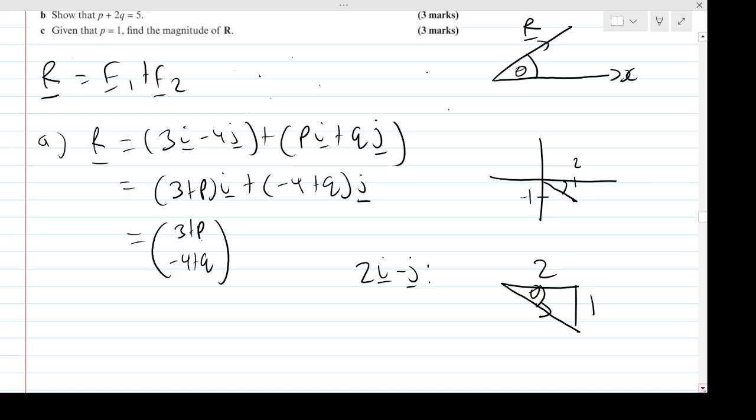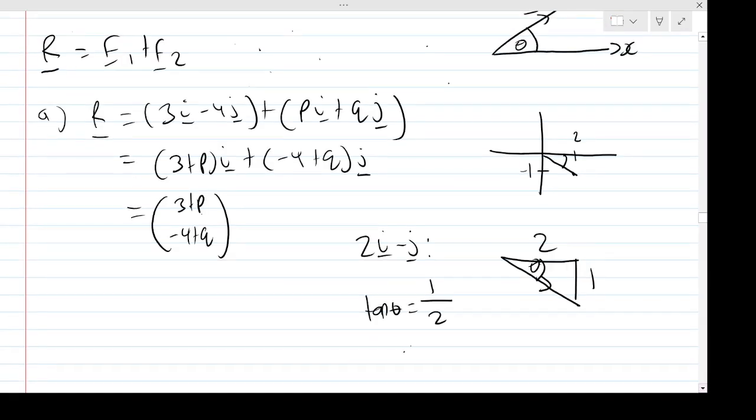So therefore, we can find this angle theta. We can say that tan theta, if we do SOHCAHTOA, well, the opposite is 1, so it's opposite over adjacent, which is 2. So a half. Therefore, if we do inverse tan of a half, which is 26.57, I'll round it to 2 decimal places.